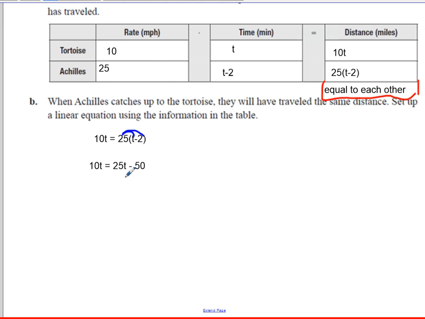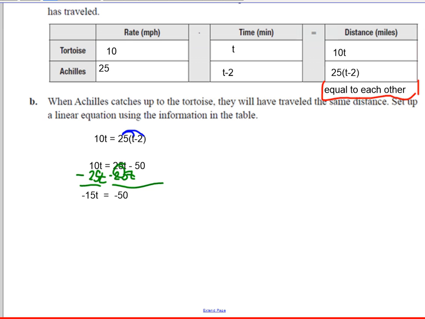Since we only have t's on the left, we're going to move our 25t that way. And we're going to subtract 25t from both sides. So when we do that, what is left is a negative 15t equals negative 50. Don't forget that minus in front of that 50. That has to be brought down with it.